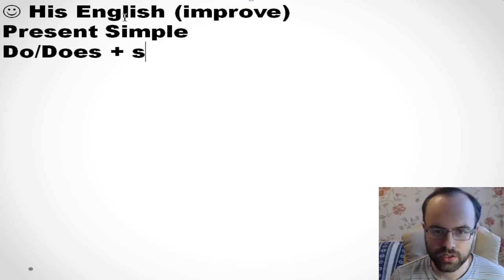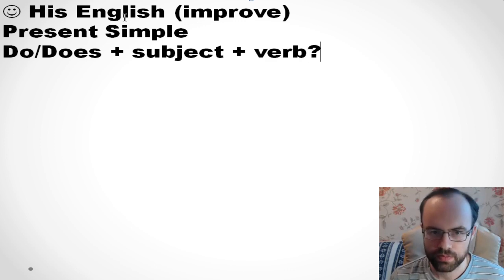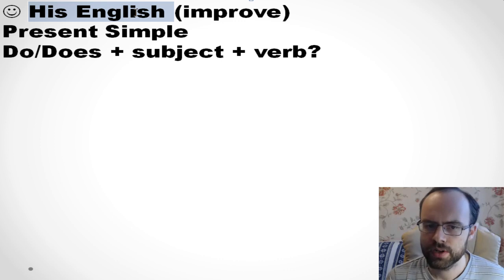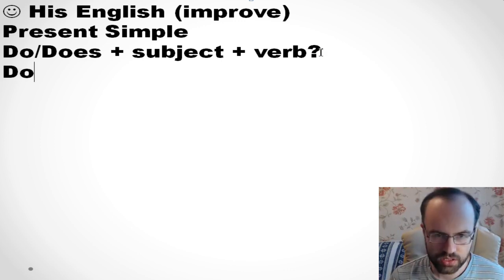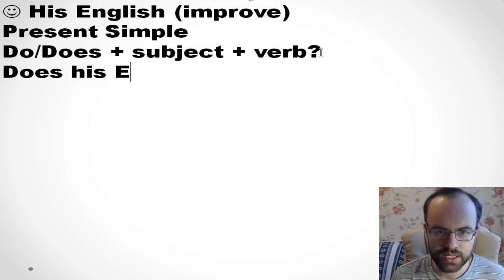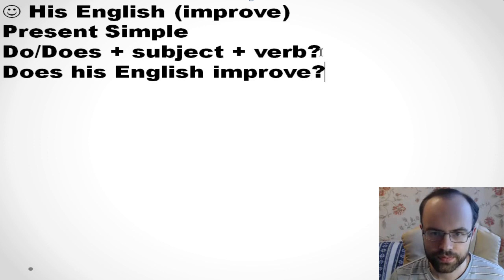Then you have a subject, and after that you have a verb. So you look at the subject. What pronoun does it mean? His English means it, and we use does with he, she, it. So you need to say, does his English improve? Does his English improve? Because his English means it.